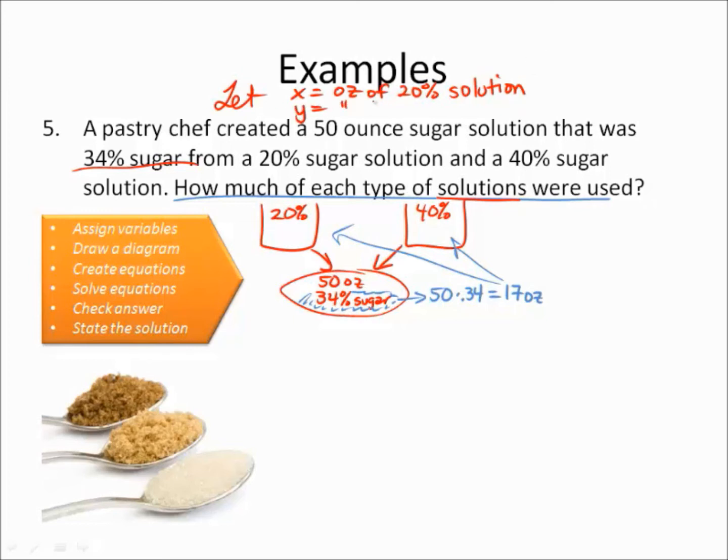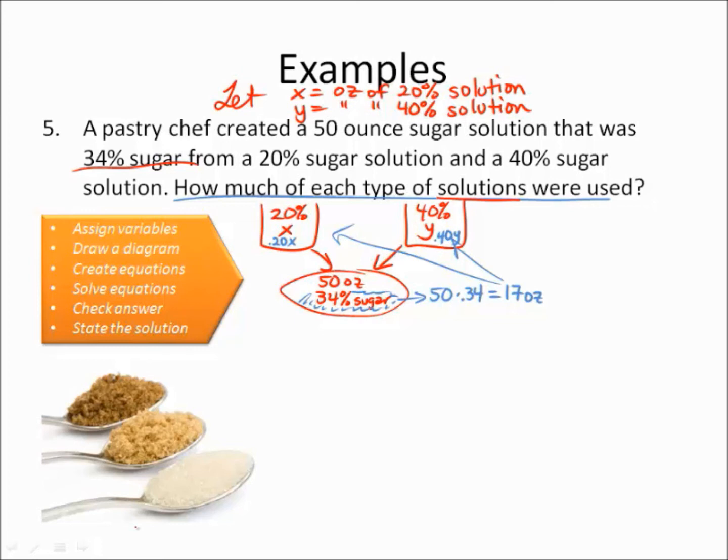And y be the ounces of 40% solution. So we've got x ounces total here and y ounces total here. Let's consider sugar now. How much sugar is in the first one? Well, 20% of x would be the amount of sugar in there, and 40% of y would be the amount of sugar in there.